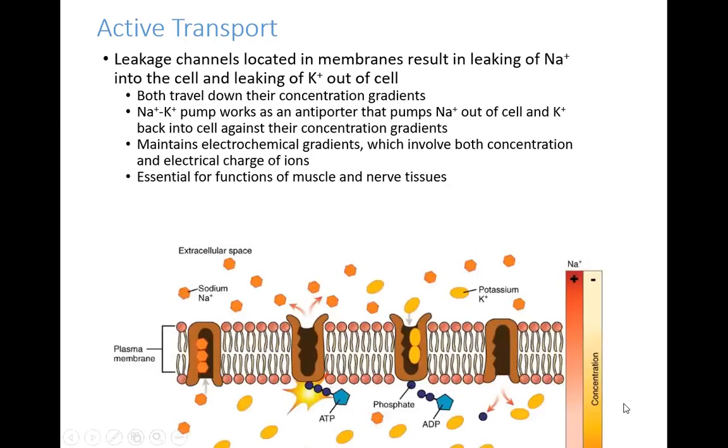Anyway, now, active transport. We got all sorts of channels in our cell membranes. This active transport with sodium and potassium, we know more about the sodium potassium pump than any other pump out there.